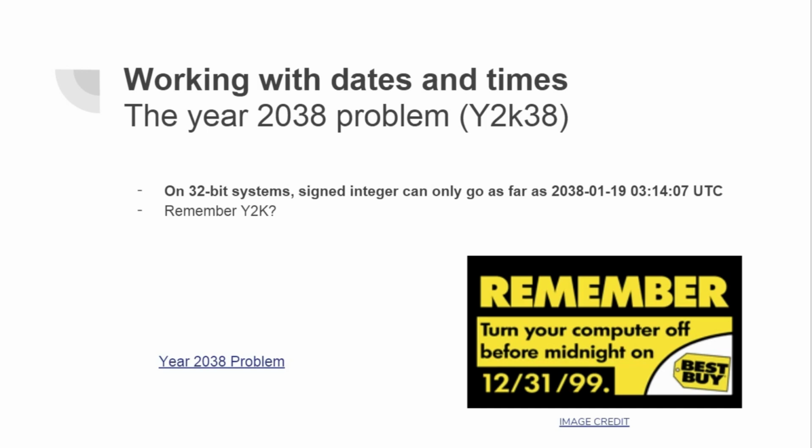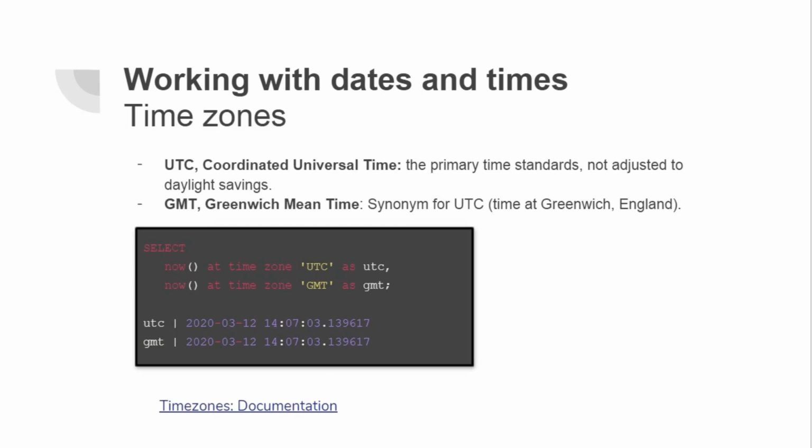This is called the 2038 problem. So if you want to get rich very fast, you should try to come up with solutions for legacy systems for the Y2K38 problem. This is just an anecdote. You don't have to remember that.